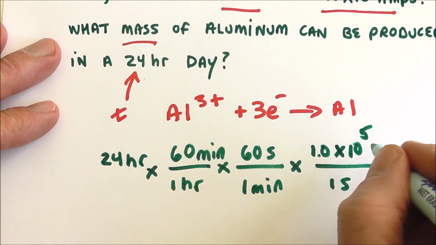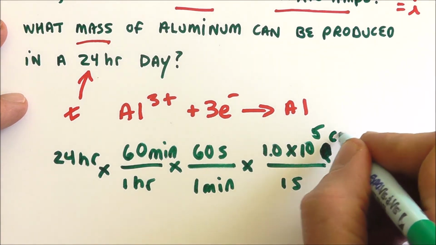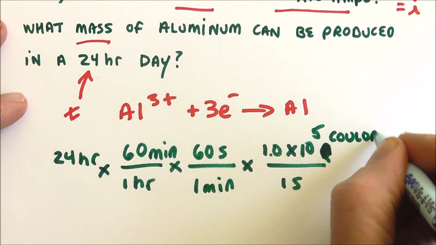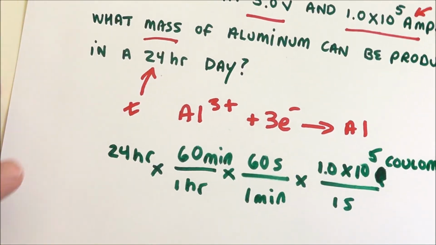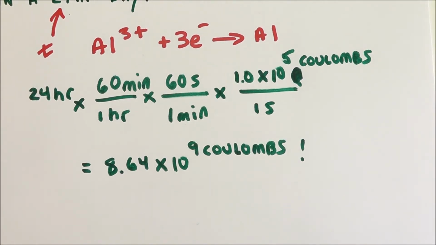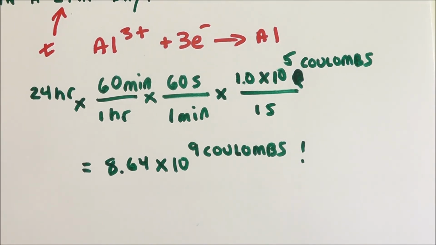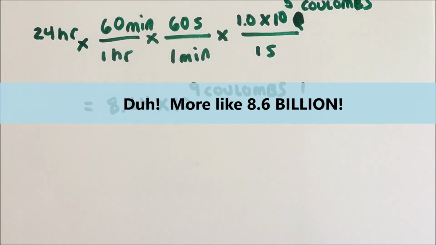That's a huge current, guys. Coulombs. I spazzed out there. That will be our charge in coulombs. Holy cannoli. 8.6 million coulombs. All right.